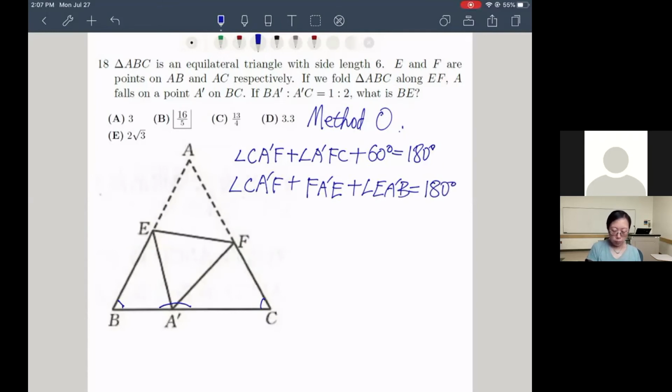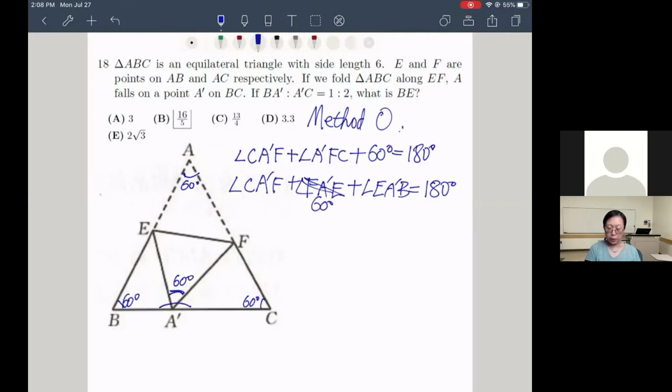And in this one, they are the same because you fold it, so it is 60 degrees. Thus, this part, we can replace with 60 degrees.